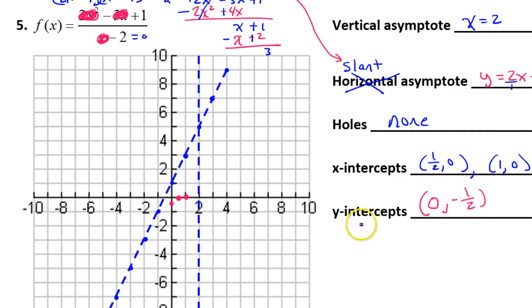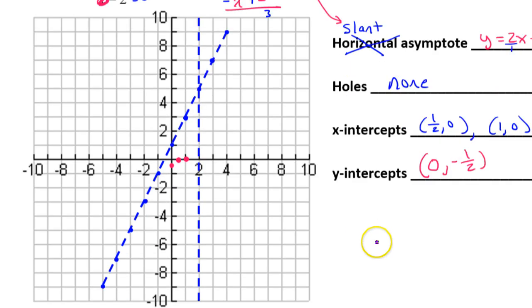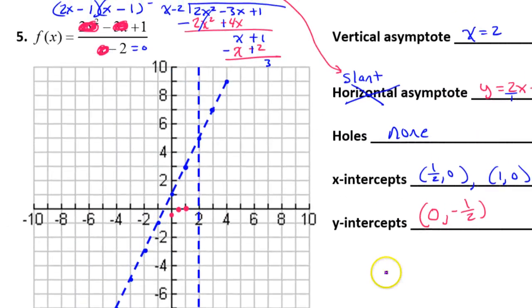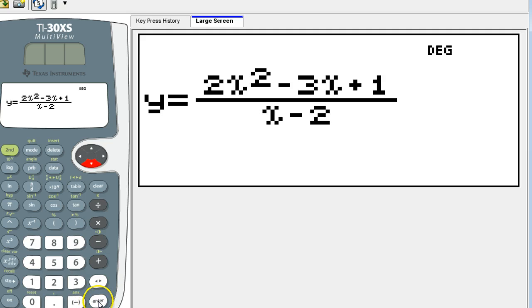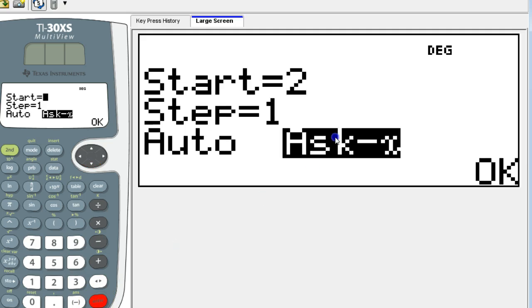All right, so I'm going to need a few extra points to do this graph. I basically already see what's going on in here, but I need to pick points that are very close to the asymptote on either side. So let's go ahead and put this function into the calculator and see what it looks like. Alright, so here I have it typed in. I'm going to go ahead and be in ask mode so I can put in whatever I want.